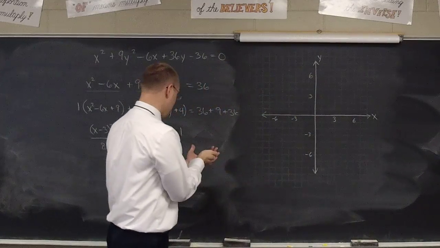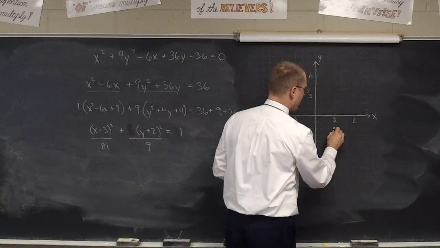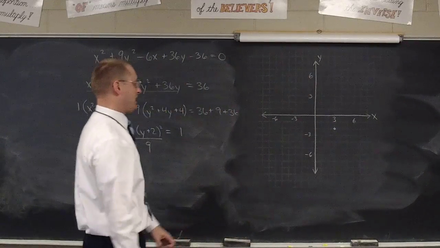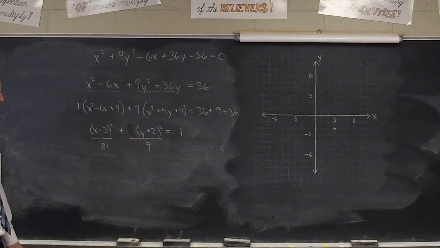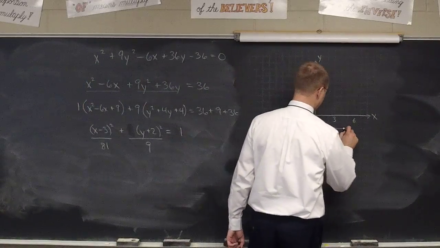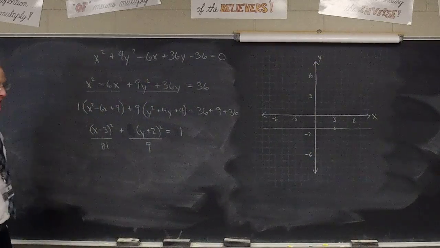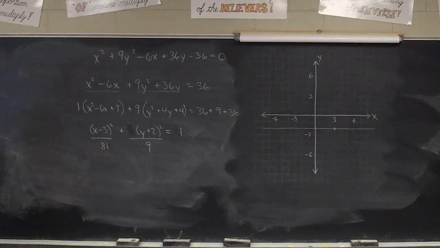All right, so we said we're going to put the center at 3, -2. Which axis winds up being major? x. So we'll do an x prime axis. How big is the major axis going to be? 18 units long.